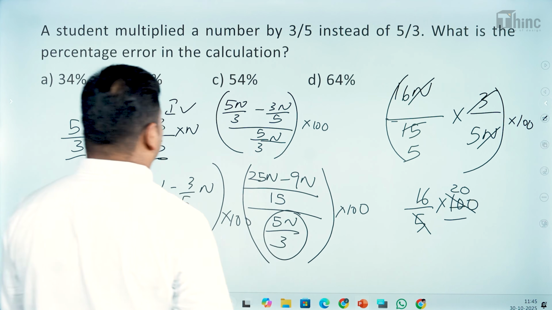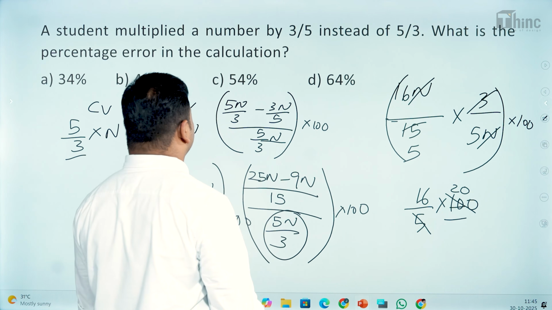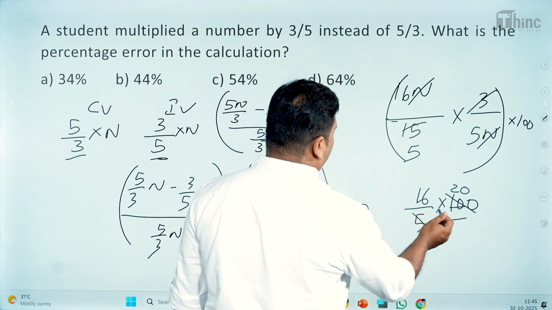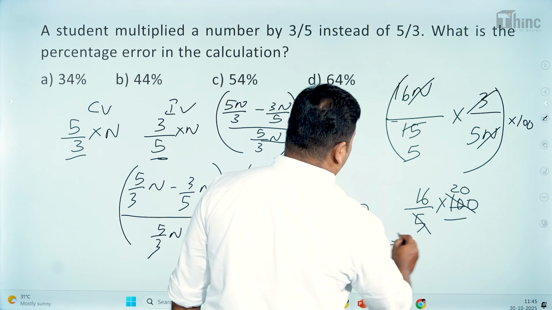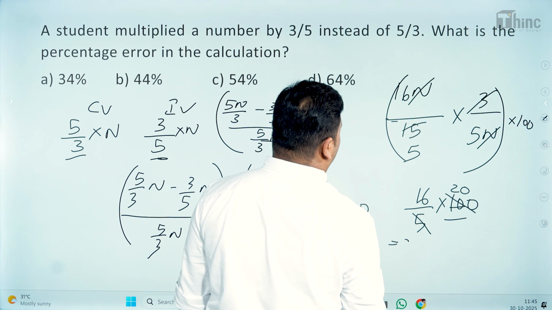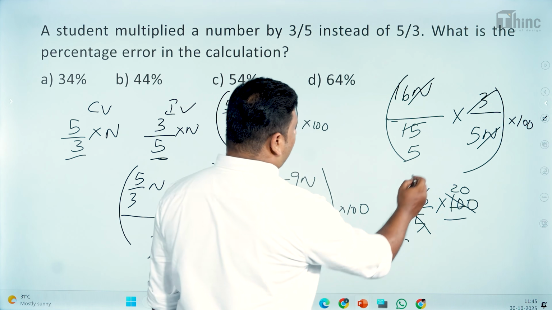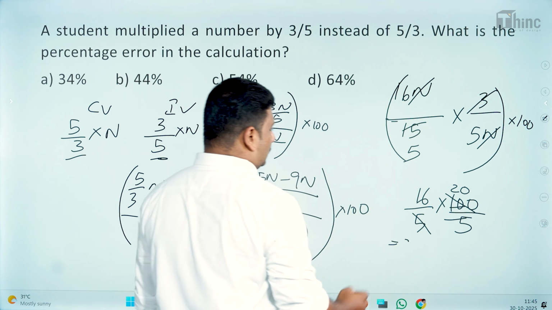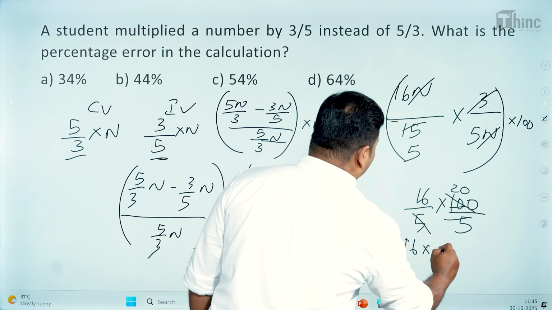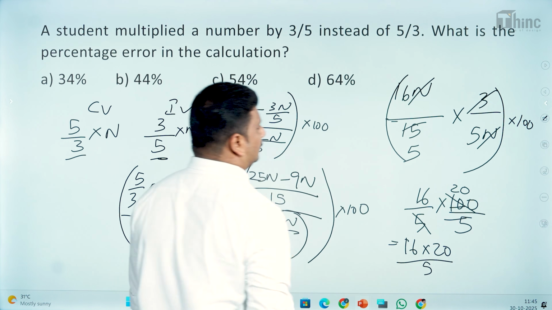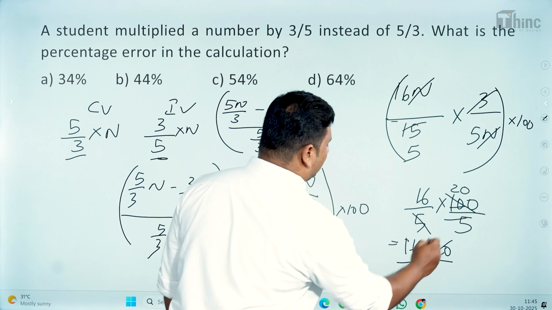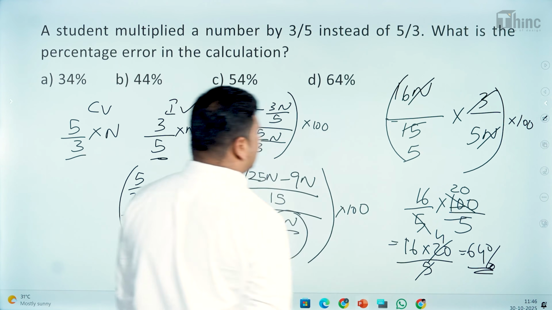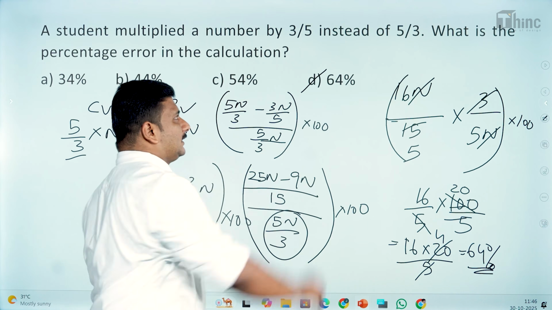So what will we get? 16 into 20, which is... okay, we have another 5 here, so we have to include that 5 also. Sorry for that. So 16 into 20 divided by 5. Again we can cancel 5 and 20 off. We'll get 16 into 4, which is 64%. So 64%, option D will be the correct answer.